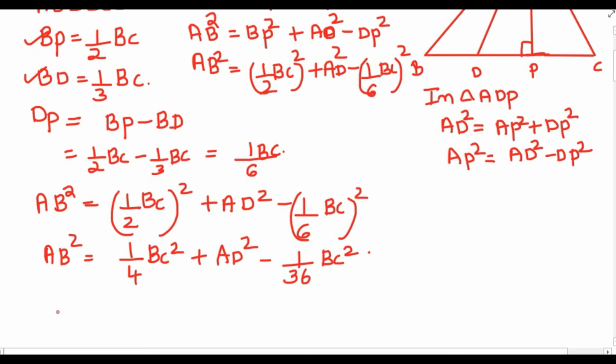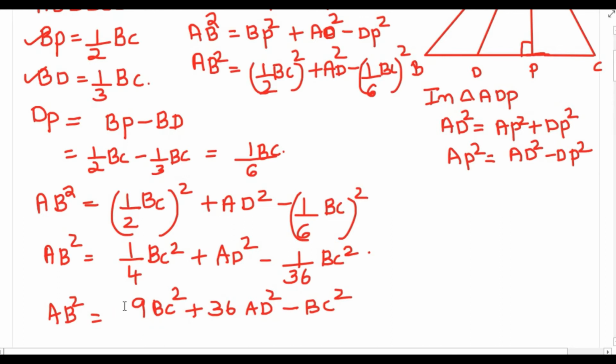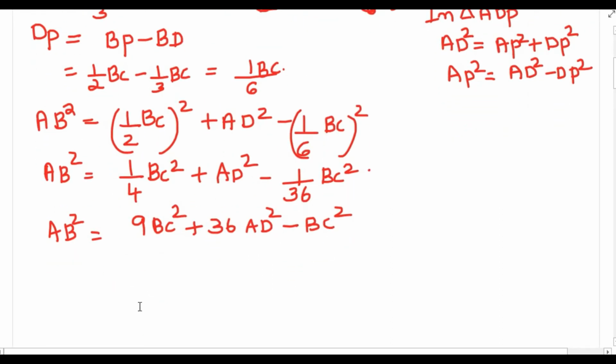We can take the LCM, which is 36. So we have 9 BC square plus 36 AD square minus BC square, divided by 36. Now you can cross multiply.